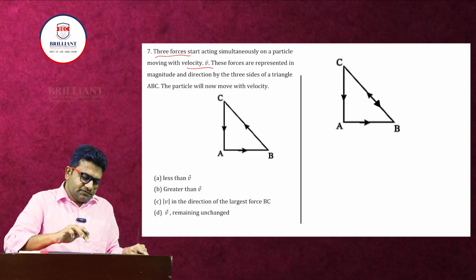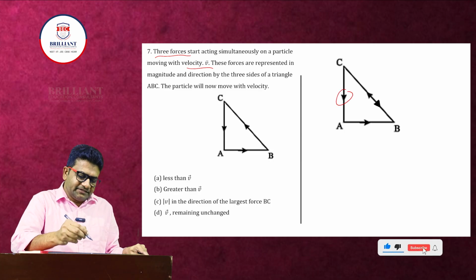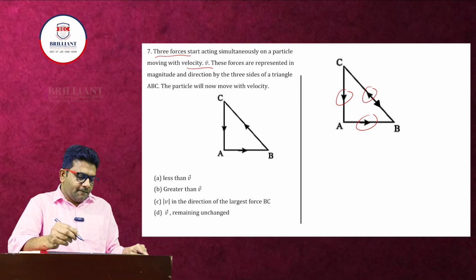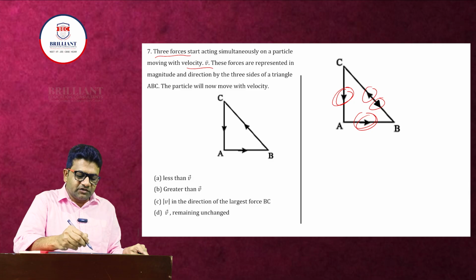See the first force, you can see this is the first force, and this is the second force, and this is the third force. From the triangular law of vector addition, the resultant of these two forces is this one. So the resultant of the first two forces is in the opposite direction of the vector given here.